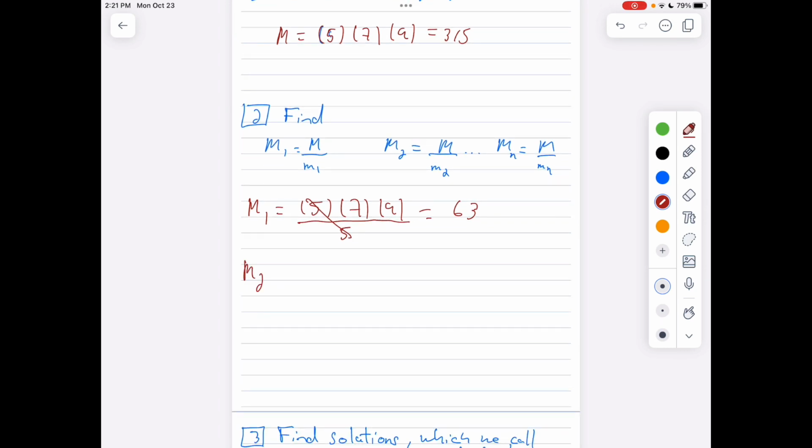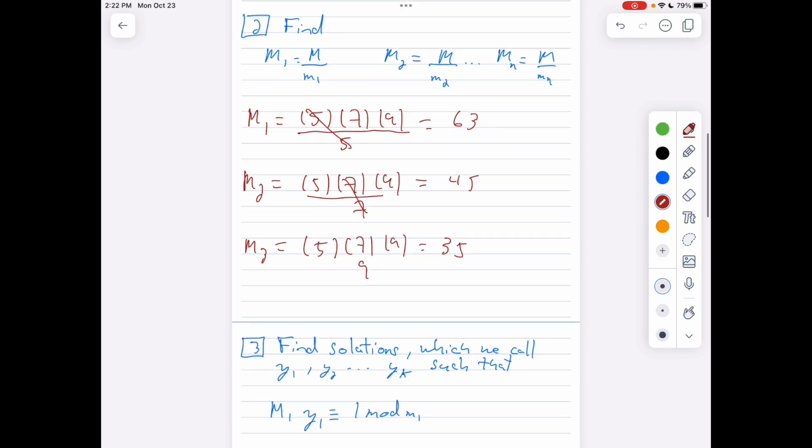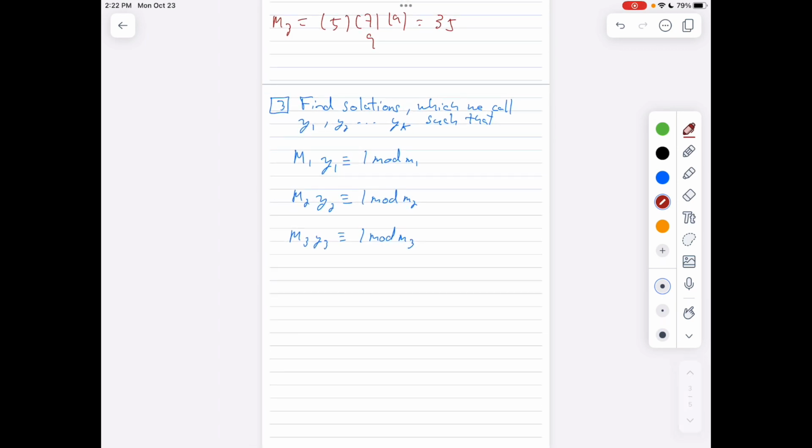For M2, you have 5 times 7 times 9 divided by 7, and that's equal to 45. And last but not least, you have M3, which is 5 times 7 times 9 all over 9, which is 35.